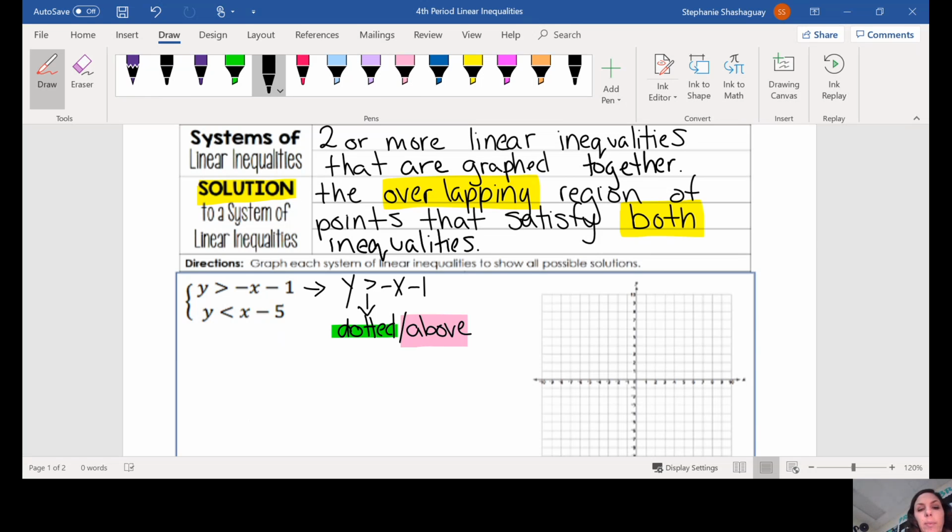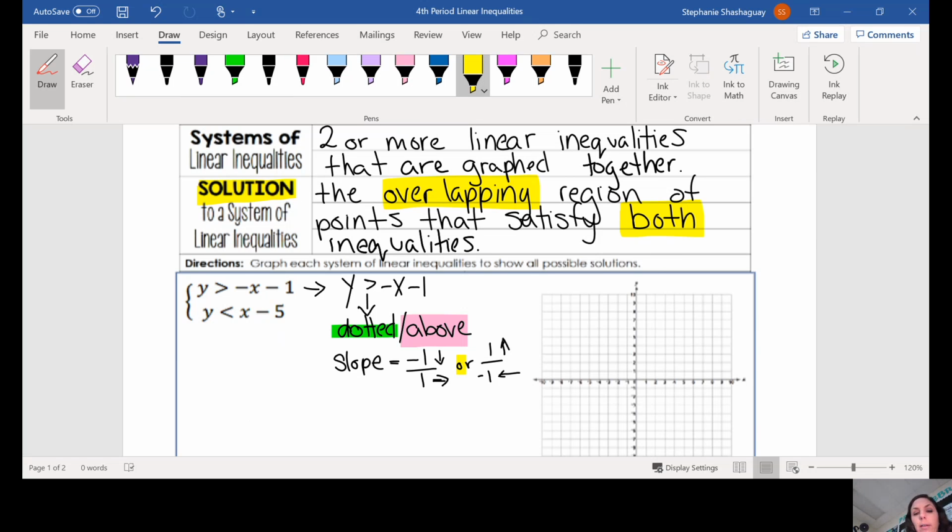Now what is the slope for this line? Well, it says negative x, so that means that my slope is going to be negative 1 over 1. So that would be down 1 and to the right 1. Or negative 1 can also be a positive 1 over a negative 1, which would be up 1 and to the left 1.